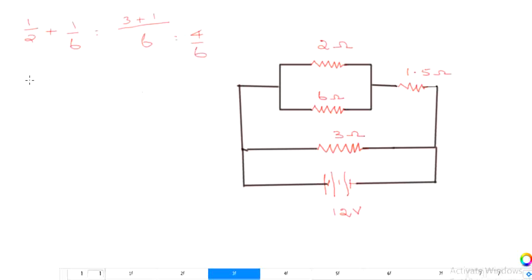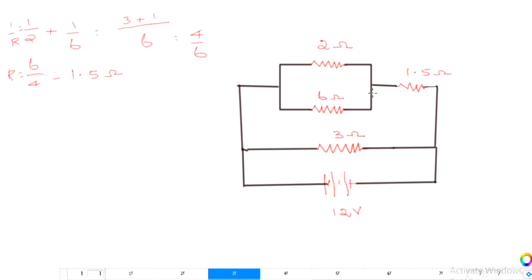So 1 by R is 4 by 6, therefore resistance equals 6 by 4. 6 by 4 equals what? 1.5 ohm. Therefore, this is equal to 1.5.